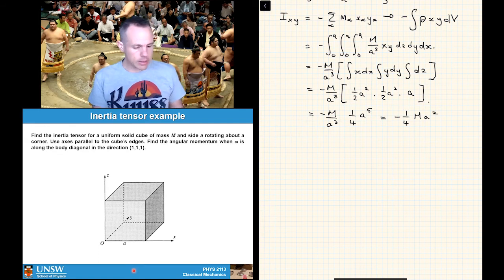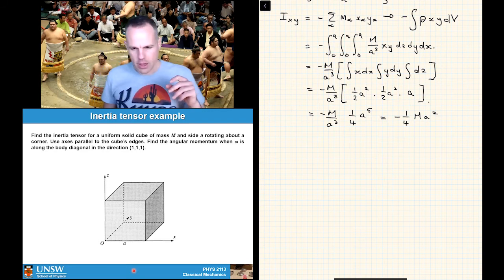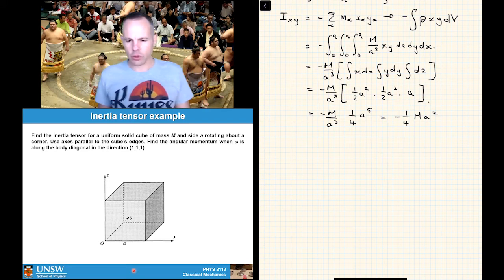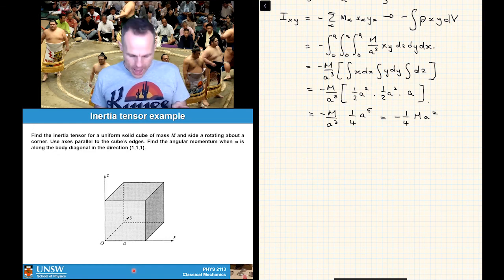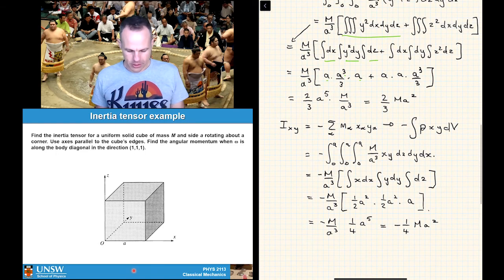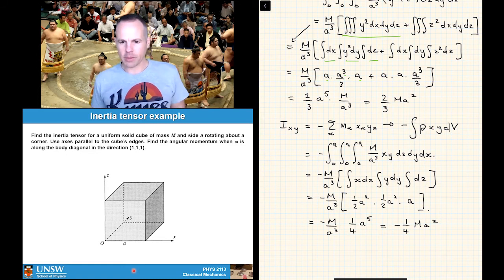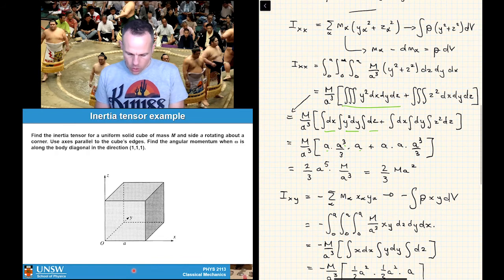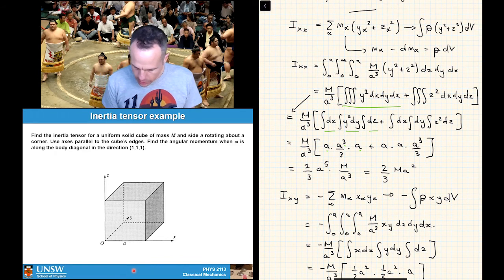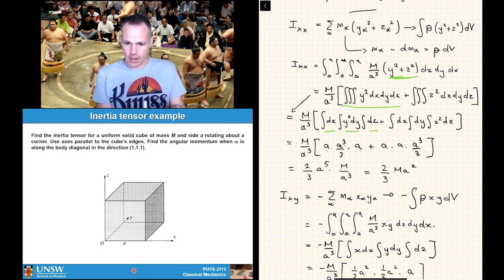Okay, and I'll let you convince yourself that the other two moments of inertia, yy and zz, end up the same as xx, and the other products of inertia, yz and so on, all end up the same as xy. You can see that just by looking in here that all the terms in xy are going to look like this, and so the integral is just going to play itself out exactly the same way.